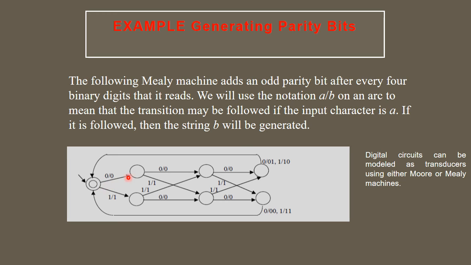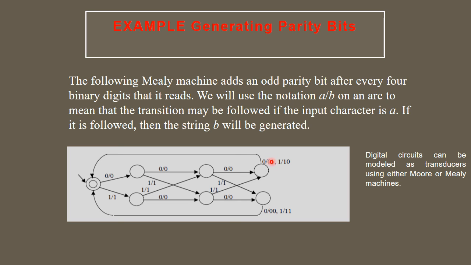So first when it reads 0, it just outputs 0. Then 0, now 0. When it is going to read the fourth bit, here you can see it's going to produce 0 1.